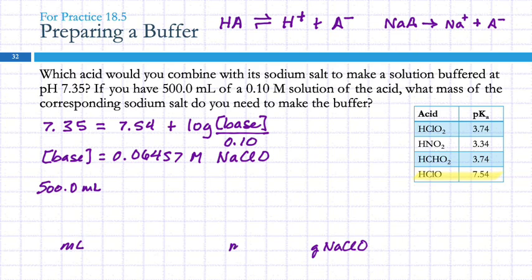So before I get to grams, what I need is moles of that salt, right? This moles per liter is a conversion factor that relates moles and liters. So the thing that comes before this is liters. And can we go from milliliters to liters?